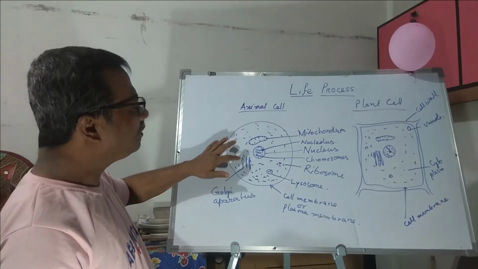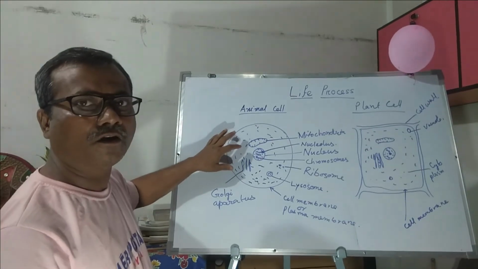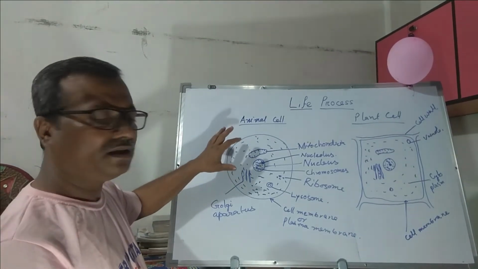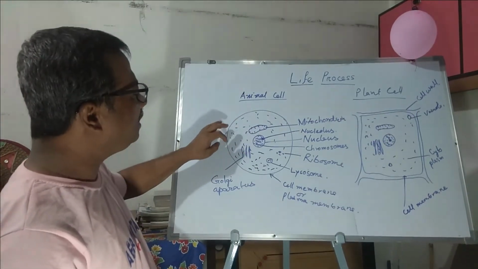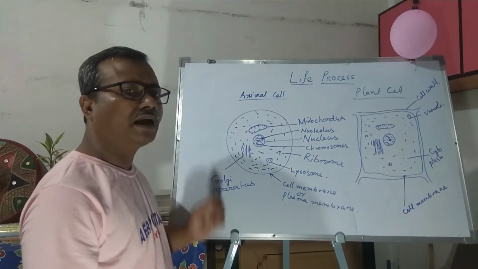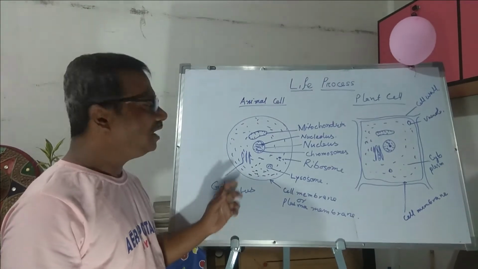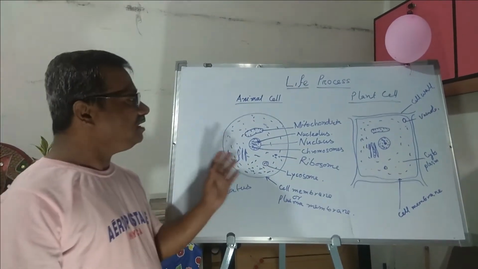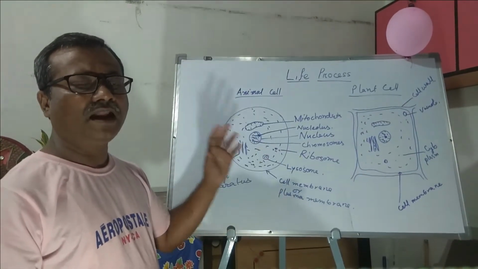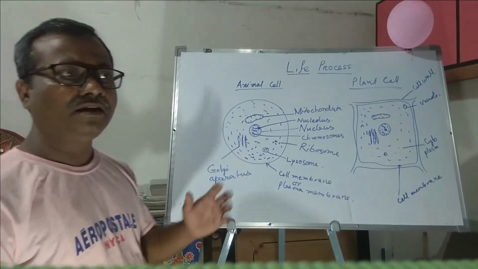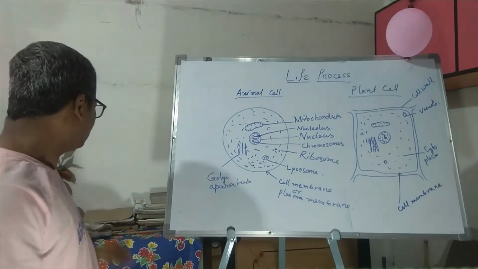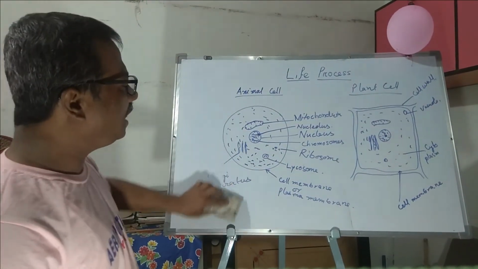These tiny organs are called cell organelles. Some of the cell organelles are mitochondria, Golgi apparatus, ribosome, lysosome, etc. Till the cells are alive, the living thing is alive. When the cell dies, the living organism also dies.